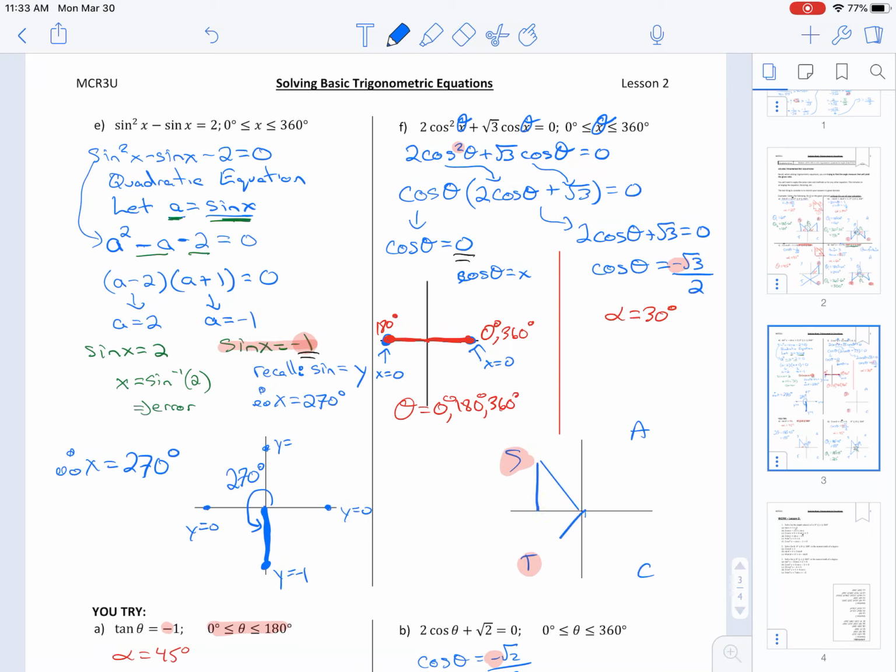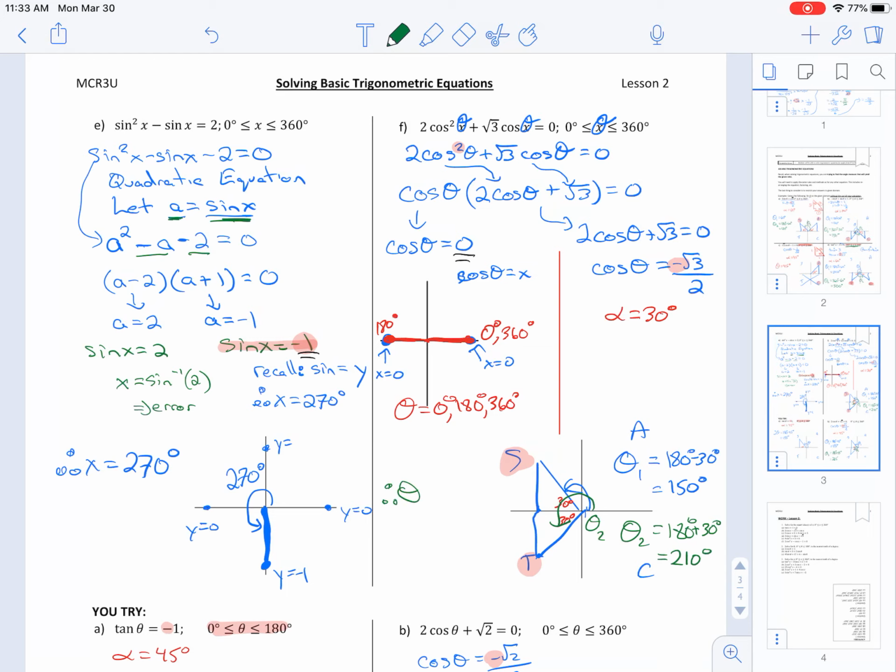So I'm going to have something here and here, where alpha, which we found to be 30, is these two right there. Okay, so then I've got theta 1 is going to be 180 minus 30, so 150. And then my second answer in this case would be theta 2 equals 180 plus 30, so 210, like that. So hopefully that part isn't so bad.